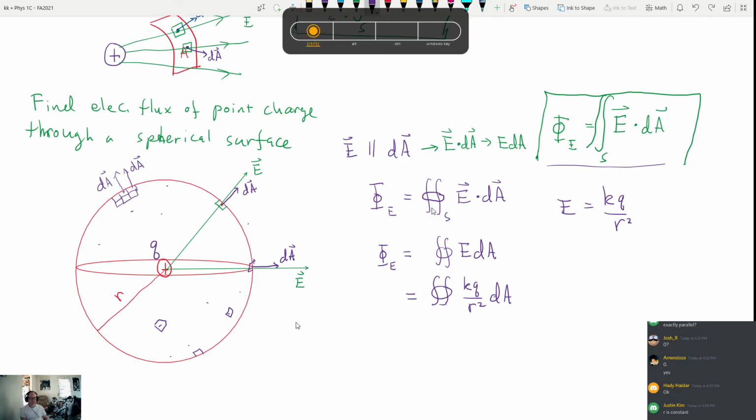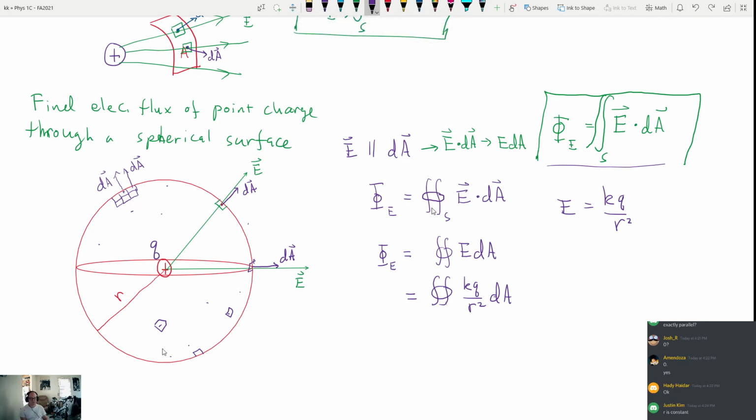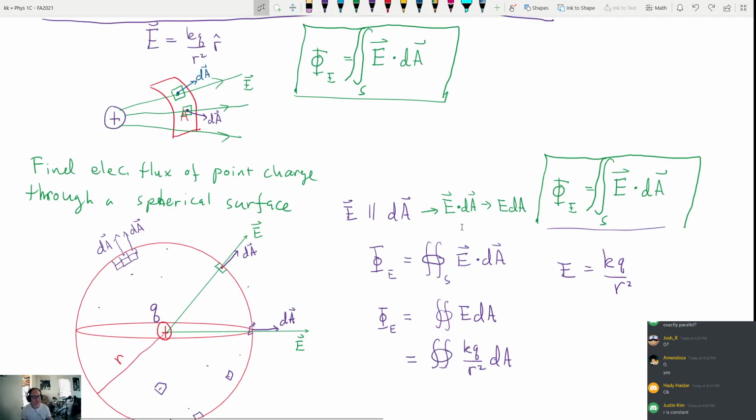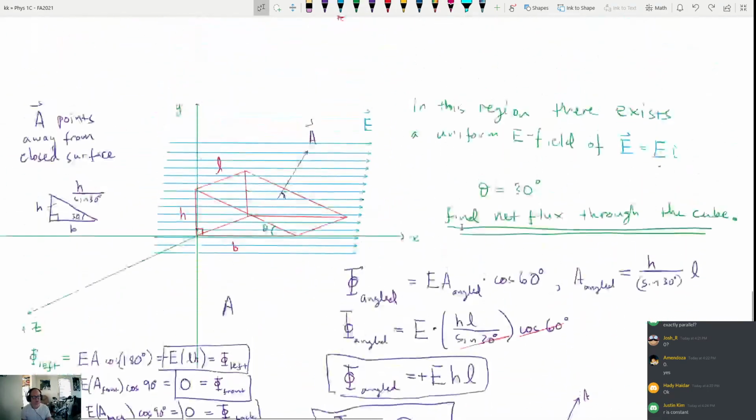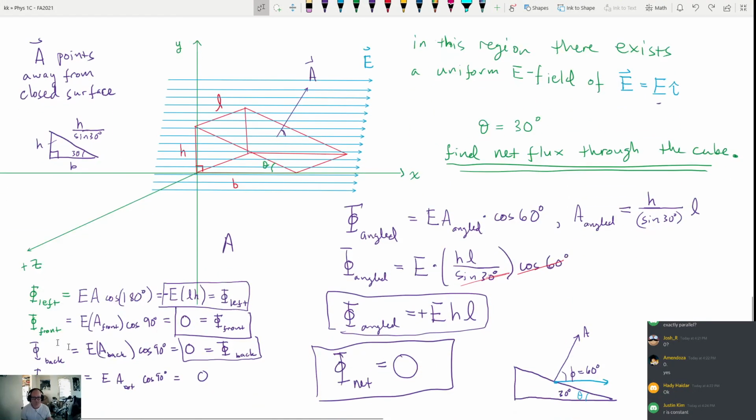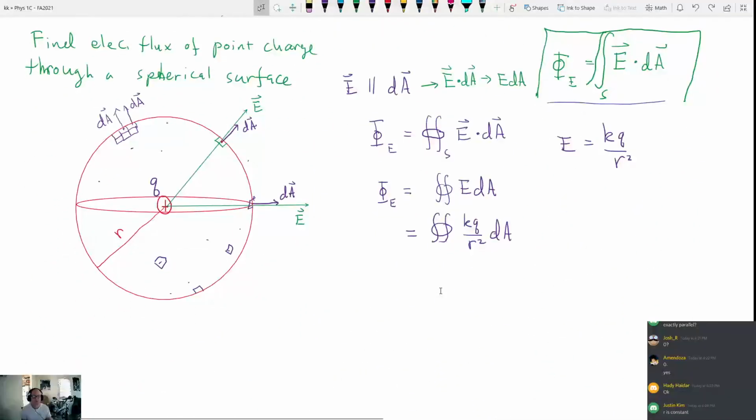That's all we care about. We're finding the flux through that surface, so we only look at the surface. Think back to the problem we just did, if that's confusing to you. In that problem, did we care about any of the stuff inside of the triangular prism? No. We only looked at the surface: left, front, back, bottom, and then the angled part. That's it. The five surfaces that existed there. Only the surface itself. So, r on the surface is constant.